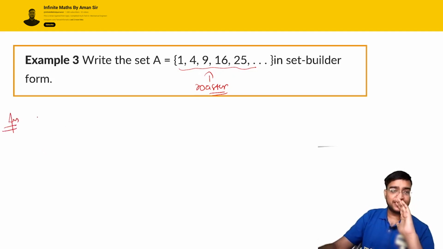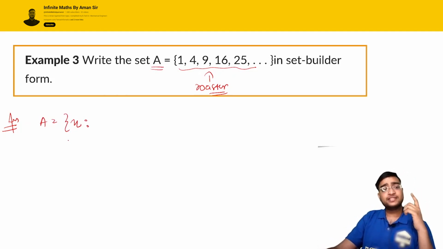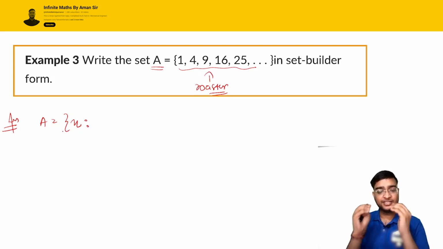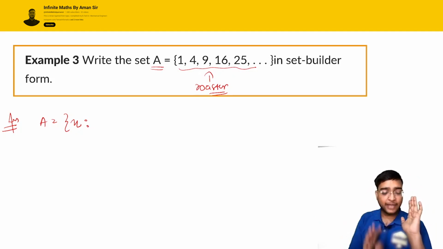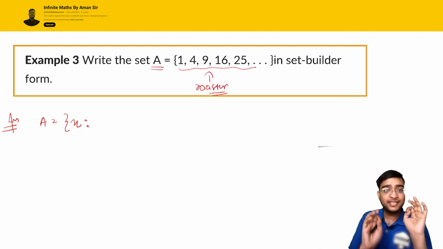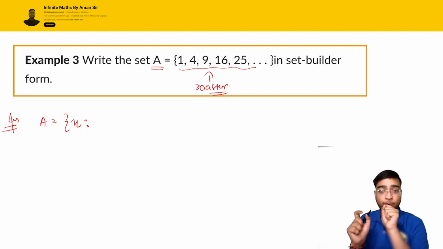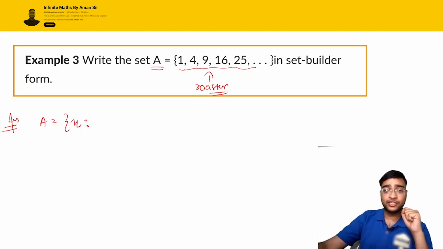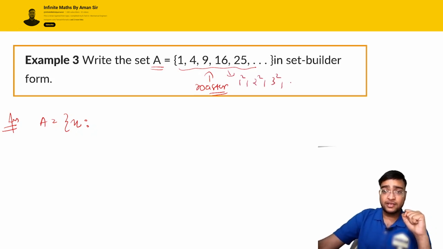Basically, the set A. We can just say A, and A given one variable. I can say x, and instead of belongs to, we can just say colon. That is the first thing we do in set builder. Then in set builder we give the common property. If you look at this set, you can say this is 1 square, 2 square, 3 square, 4 square, 5 square, and so on.